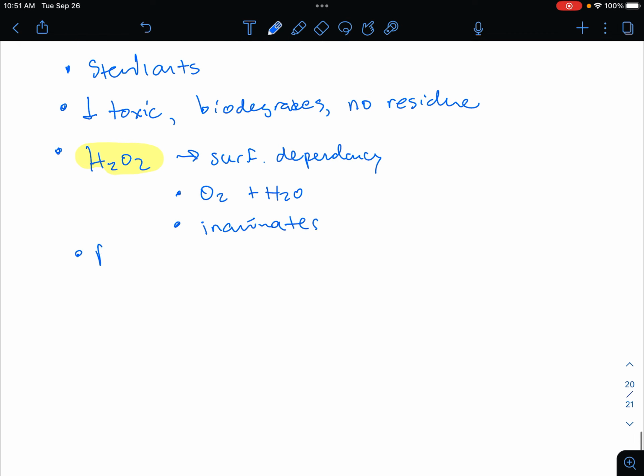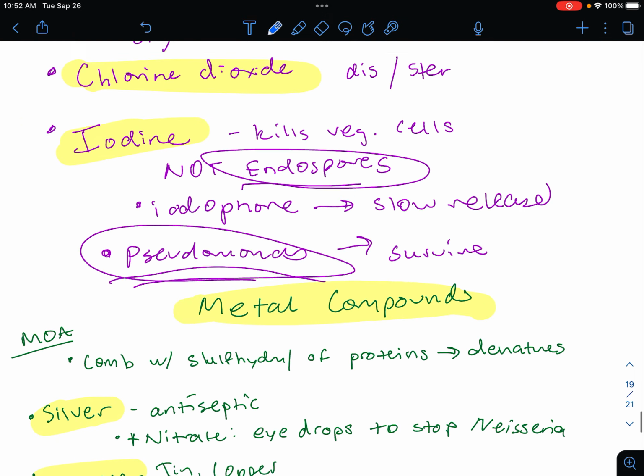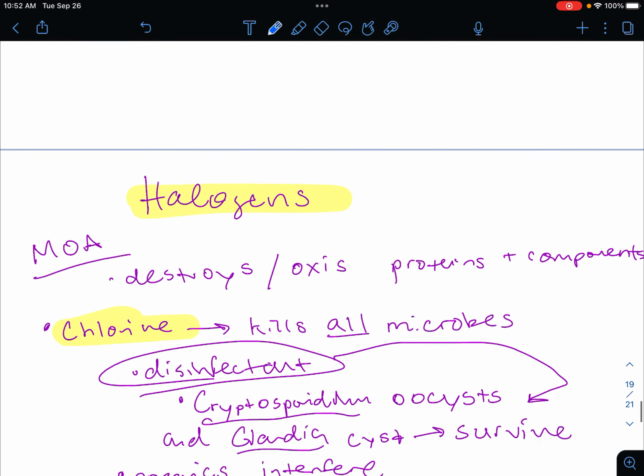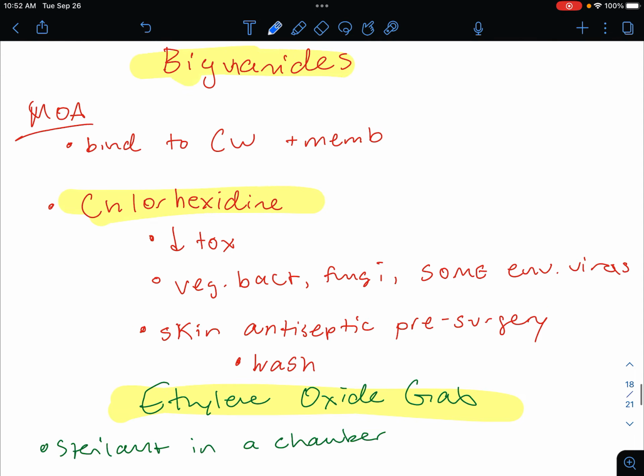We also have peracetic acid. Never heard of this one. This is basically more potent, and this one you can use as something that would clean off living tissues. I know I'm scrolling up. There we go.